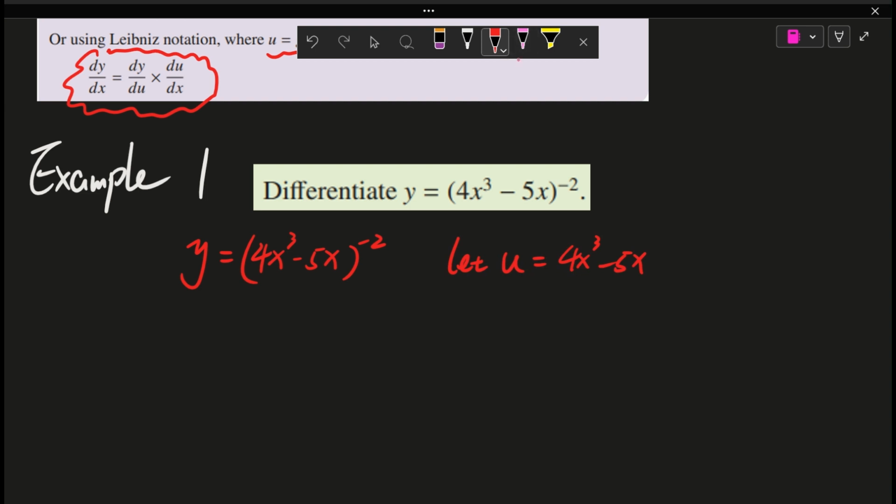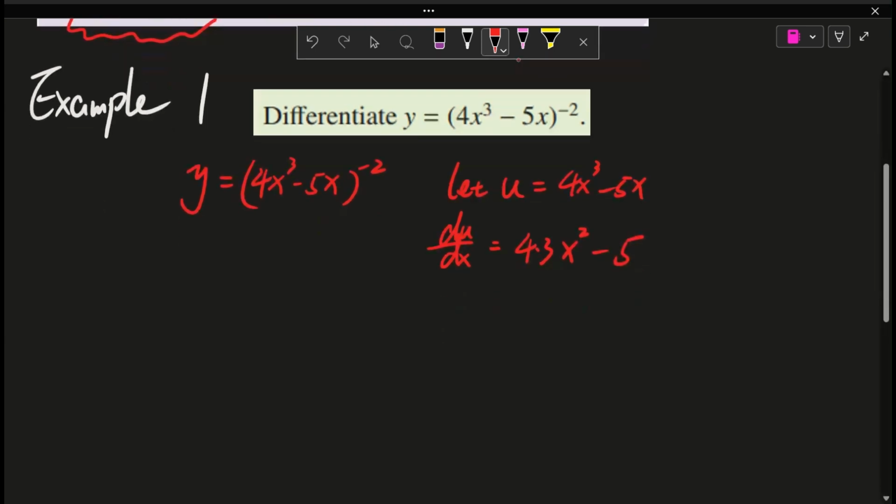Once I have this, we can say du/dx equals 4x cubed, so 4 times 3, x squared, and minus 5. Then du/dx equals 12x squared minus 5. Perfect.